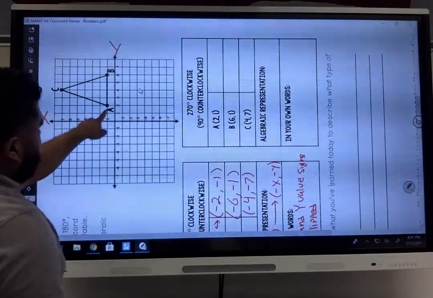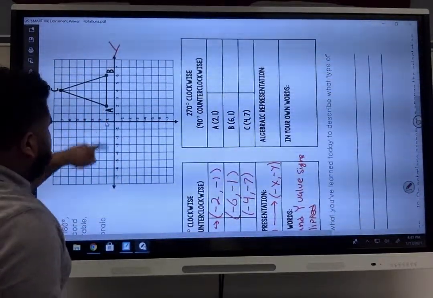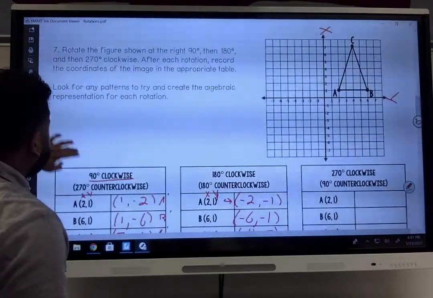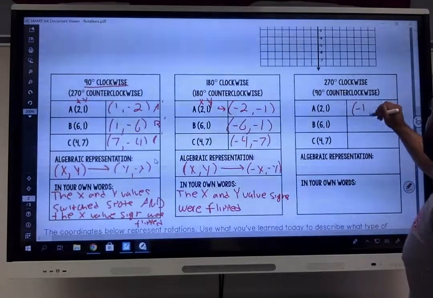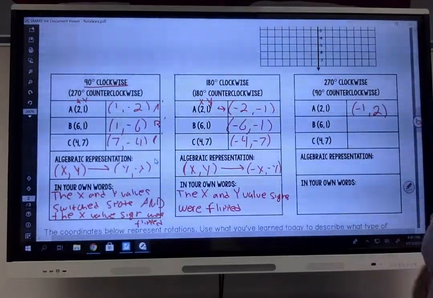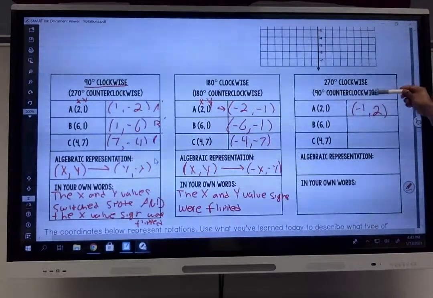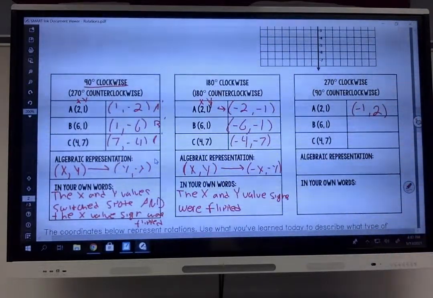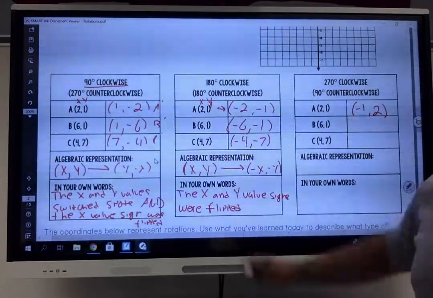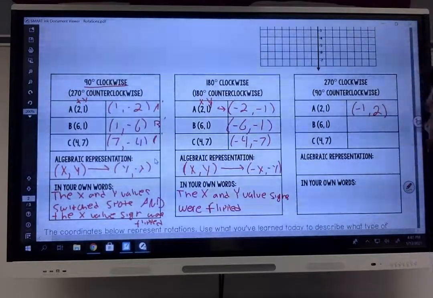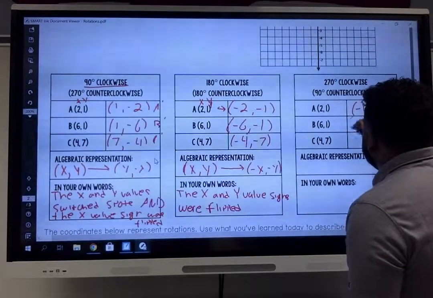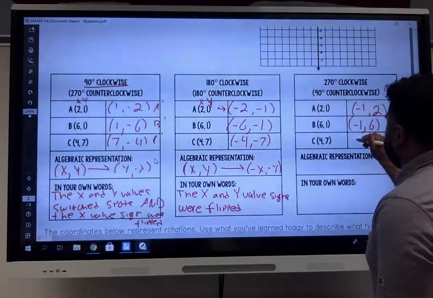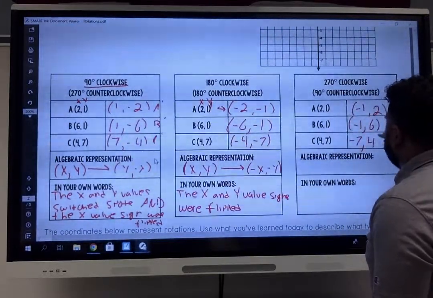So now this A looks like it's negative 1 and positive 2. Okay? So we got negative 1, positive 2. So I want you all to go ahead and try by yourselves to fill out the rest of this. Okay? Pause the video, and then I'm going to write the answers. Okay? So B prime would be negative 1, positive 6. C would be negative 7, positive 4.